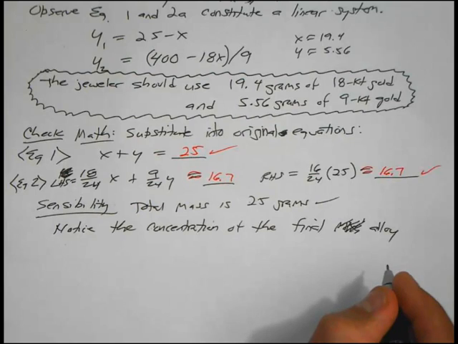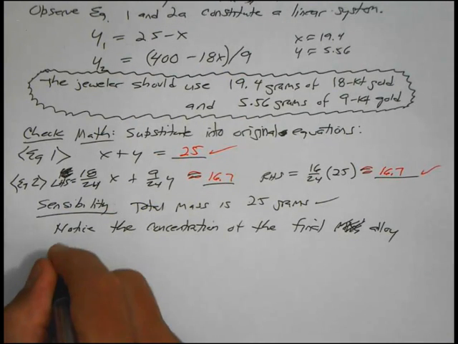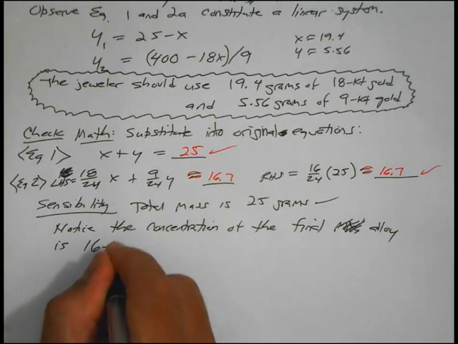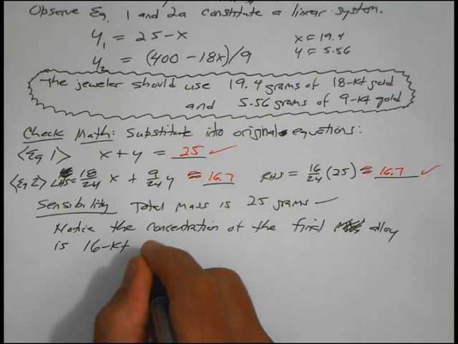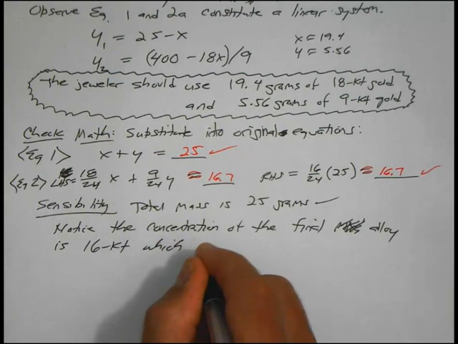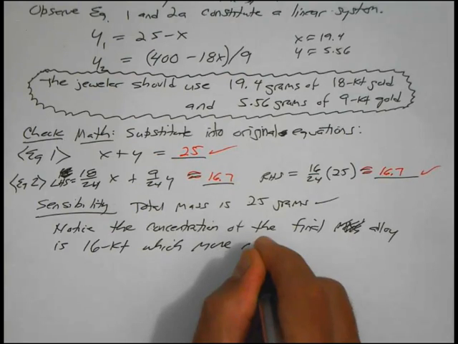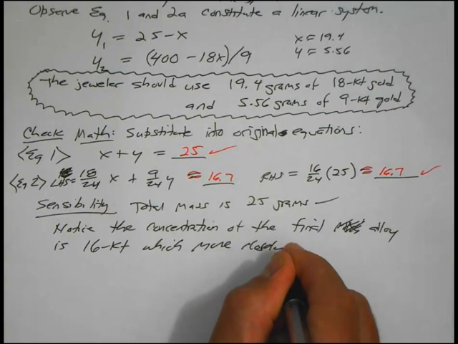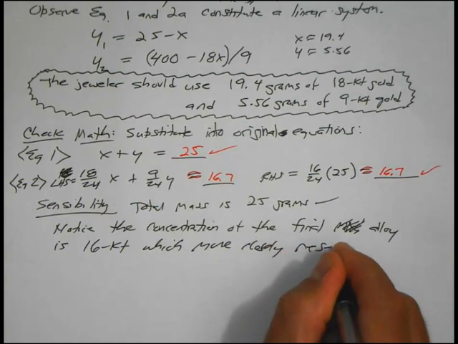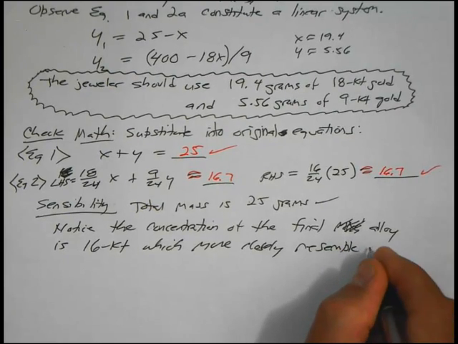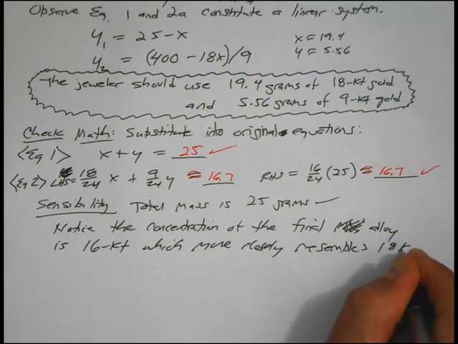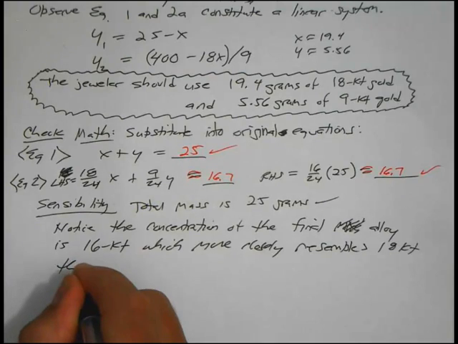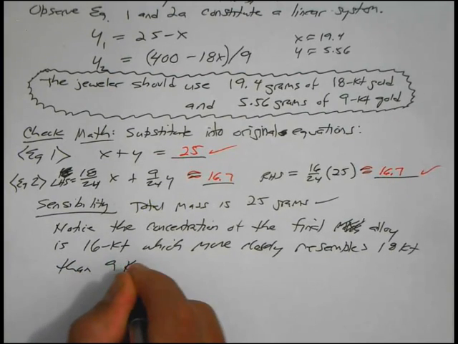The final alloy is 16 karat, which more closely resembles 18 karat than 9 karat.